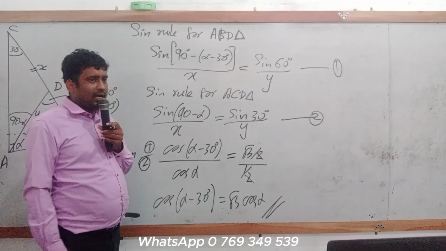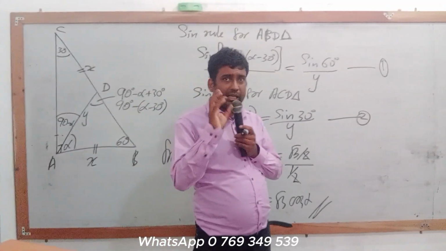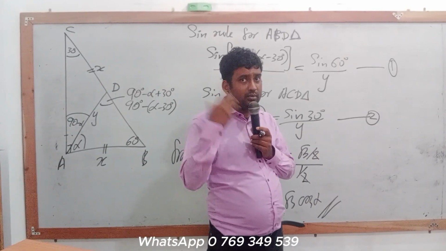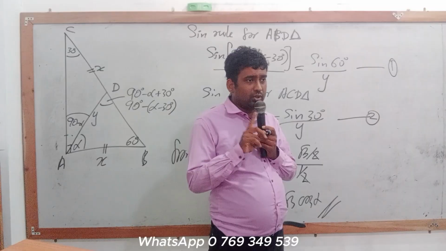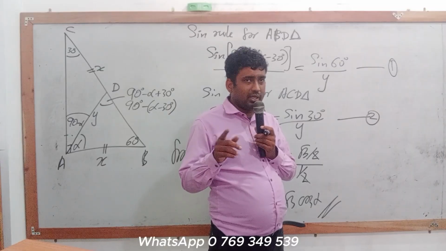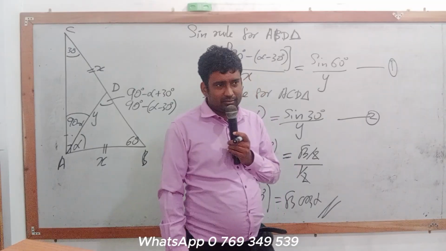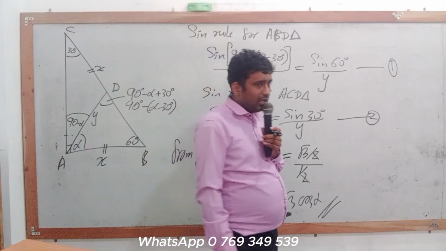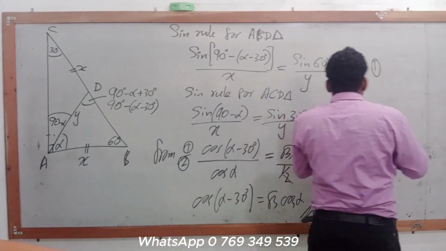Using the result in A above. Using the result in A above, right? The previous result, that is 2 cos alpha minus 30 minus root 3 cos alpha equals sin alpha. Deduce that alpha equals 60. 2 cos alpha minus 30, this one.